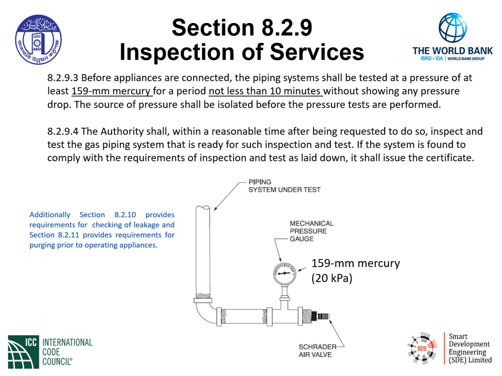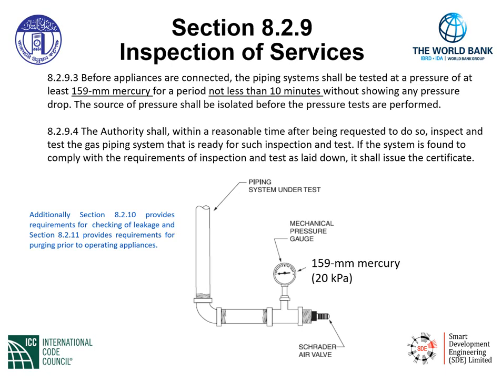And 159 millimeters of mercury is the equivalent to 20 kPa of pressure. Again, this is for 10 minutes without showing any pressure drop. And the source of pressure shall be isolated before the pressure tests are performed. In other words, the gas outlets need to be capped off tightly.